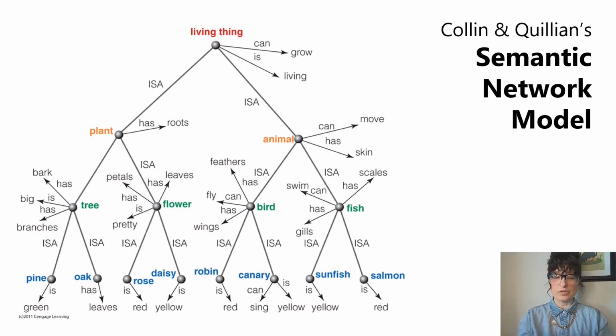Collins and Quillian were a set of semantic knowledge researchers who wanted to use semantic networks. Basically, Collins and Quillian is one of the first models of semantic networks in human cognition.